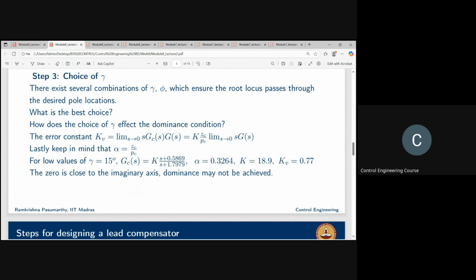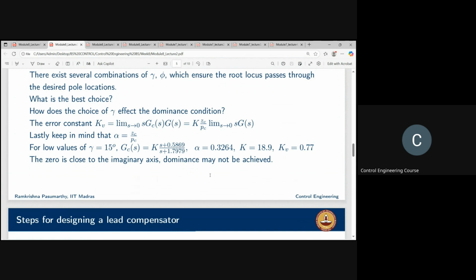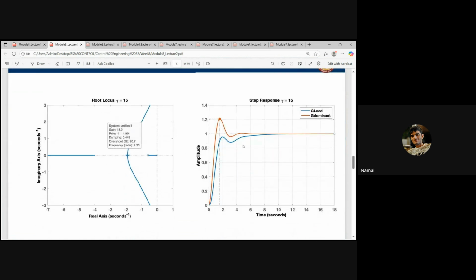But the zero is kind of close to the imaginary axis, so the dominance may not be achieved. Here you see the zero is at 0.58 and the pole is at 1.79. It's not exactly dominating, right? So that's what is happening here.